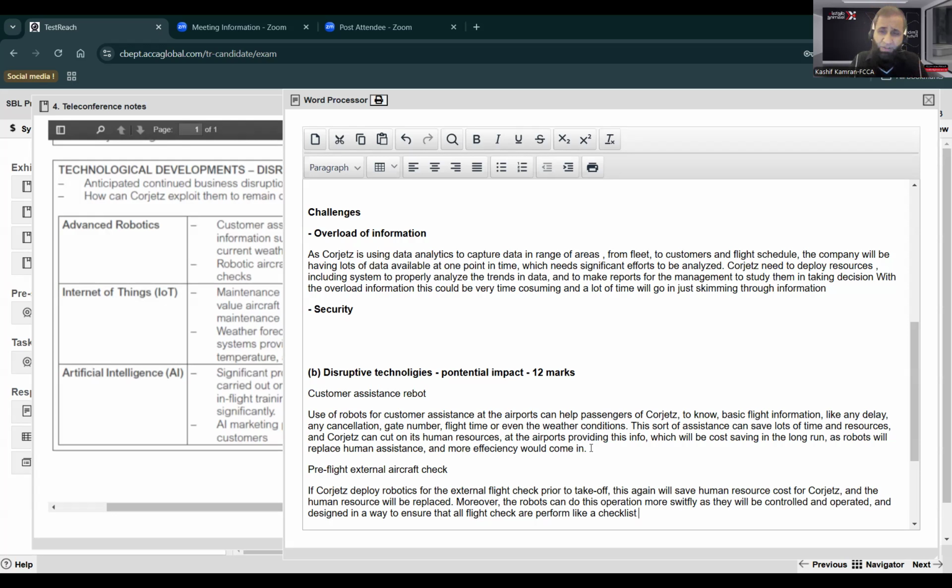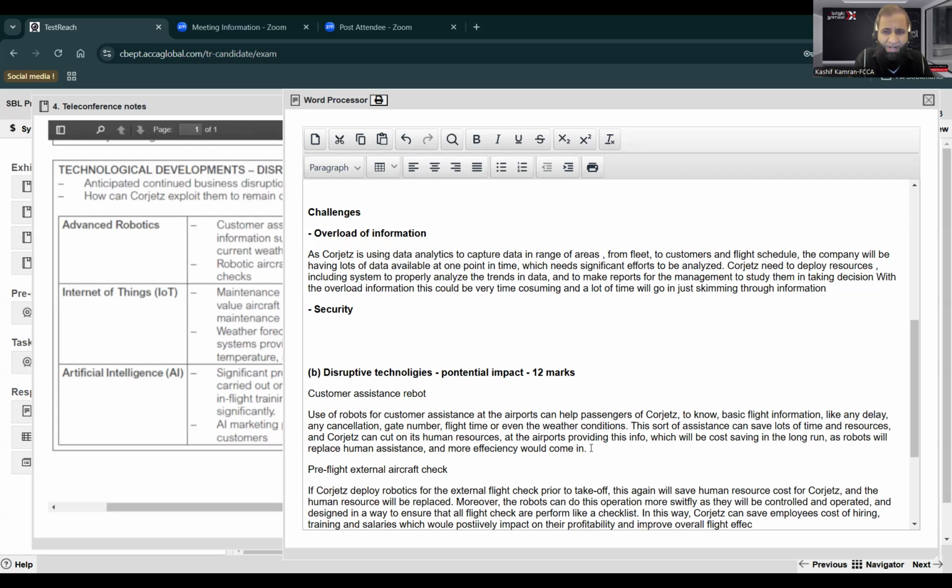So again, you have a lot of human cost saving. In this way, CodeJets can save employee costs of hiring, training, and salaries, which would positively impact their profitability and improve overall flight efficiencies.